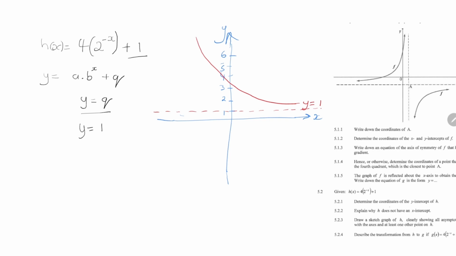That is why we say the graph of h does not have an x-intercept, because it has an asymptote just above the x-axis, which is at y equal to the positive 1. So that is why, ladies and gentlemen, the graph of h does not have an x-intercept.